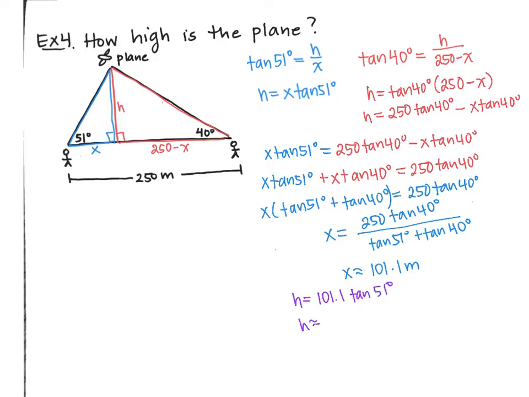If I put that in my calculator, I get about 124.8 meters as an approximation, and that seems kind of reasonable. If you were asked for an exact answer, then I would take this giant expression here, multiply it by tangent 51 degrees, and just leave it as a big fraction, and that would be a great exact answer.